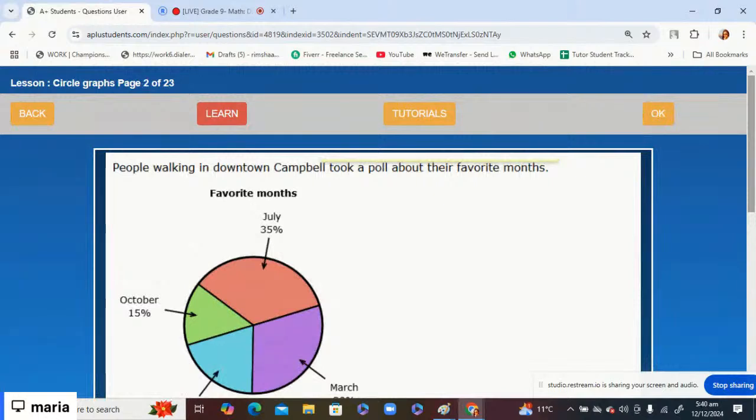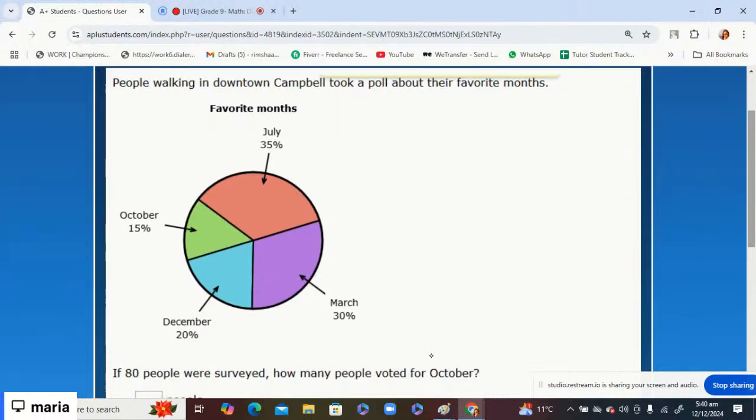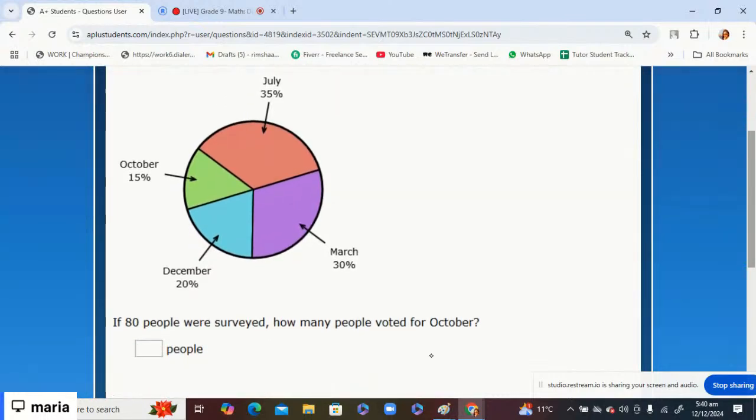People walking in downtown Campbell took a poll about their favorite month. Favorite months are given: July is 35%, October 15%, December 20%, and March 30%.